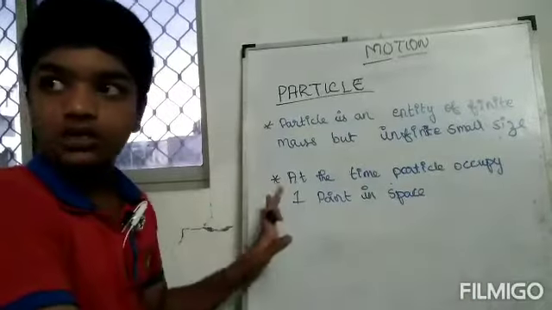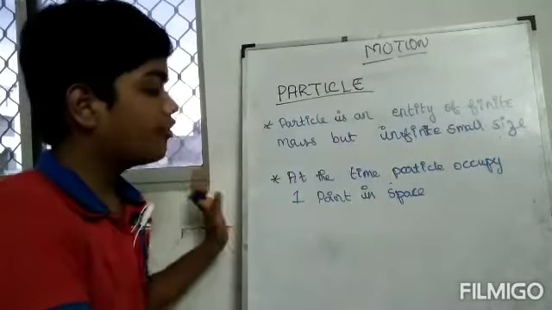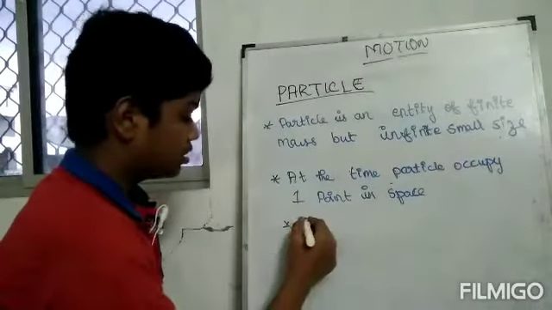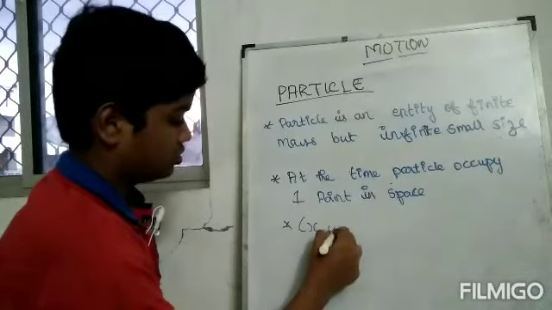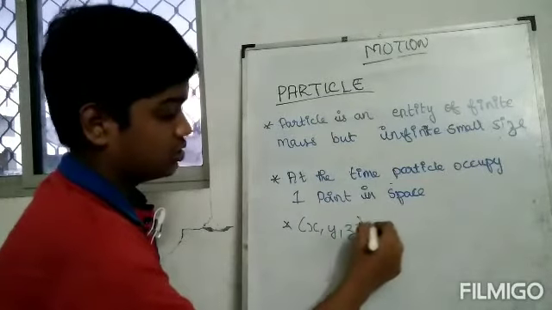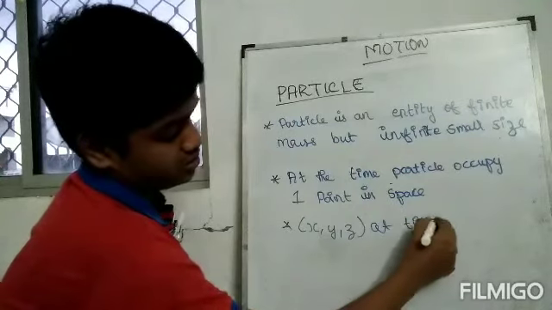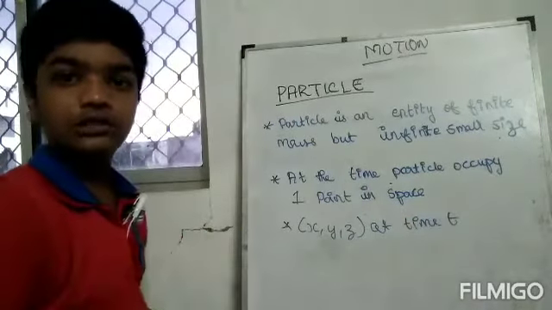This is called a particle. Shortly we can say x, y, z at time t. This is called a particle.